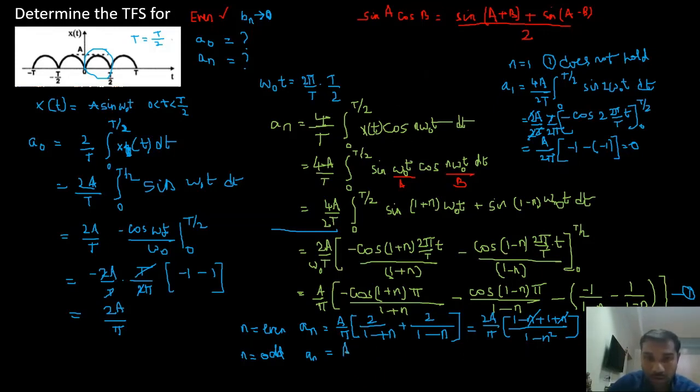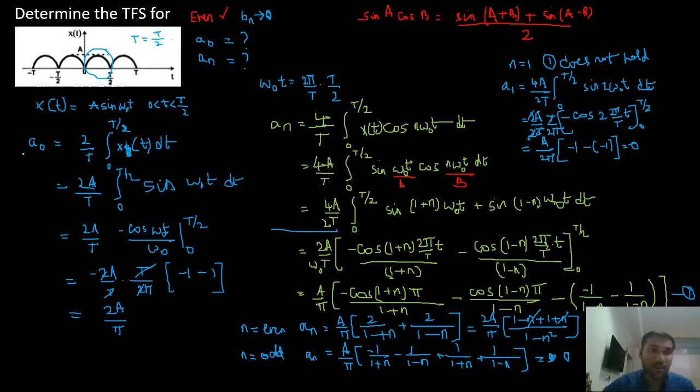So I'll have a by pi, minus 1 by 1 plus n. Similarly, this one is also, the numerator will become 1 minus 1 by 1 minus n, and I have plus 1 by 1 plus n plus 1 by 1 minus n. Everything gets cancelled here and it is equal to 0, right?